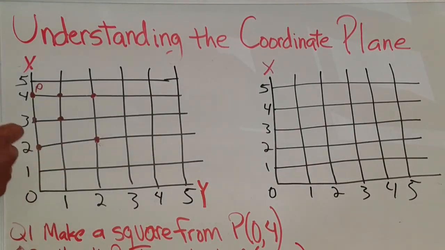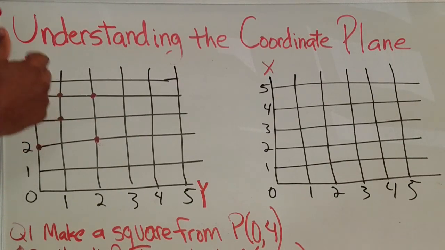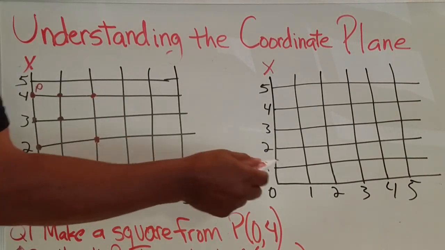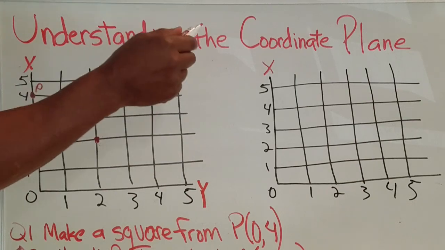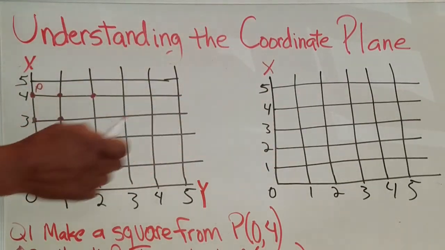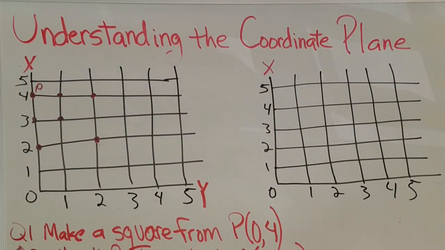So find 1, 3: go over 1, go up 3, find that point, and then you have to make a right triangle. I'm not going to tell you what that is. You should know what that is by now. Here's your test. You can do it. I know you can, Nascent Knights. Go.